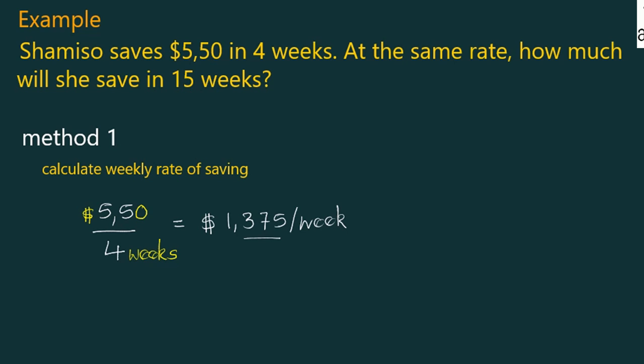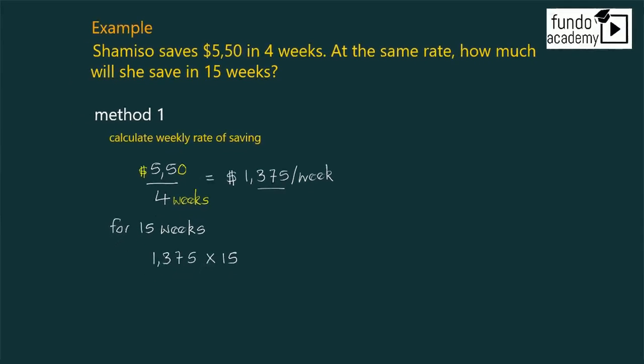So for 15 weeks, we'll be multiplying our rate, that is 1.375, by 15. What we get is 20.625, if we multiply, maybe using a calculator for faster working, and that will give us an amount of $20.63.